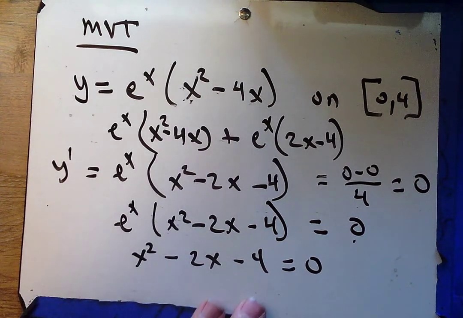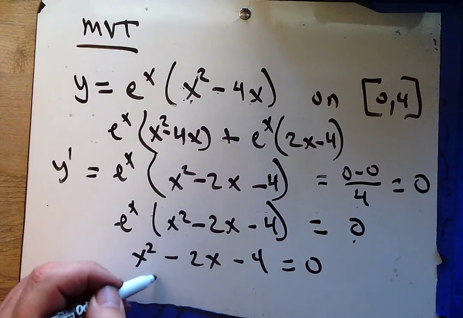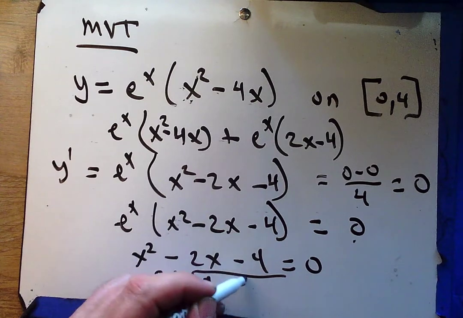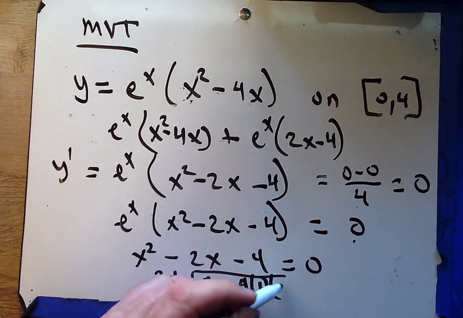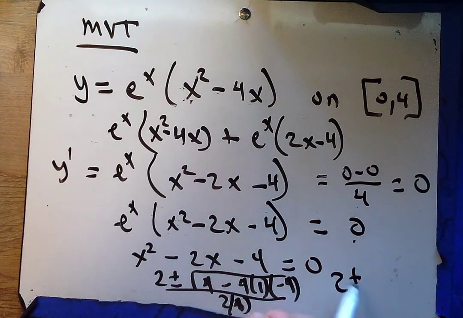And because this is not factorable, I'm going to have to use the quadratic formula. So x equals negative b plus or minus the square root of b squared minus 4ac, over 2a. So I've got 2 plus or minus 2 root 5 over 2.